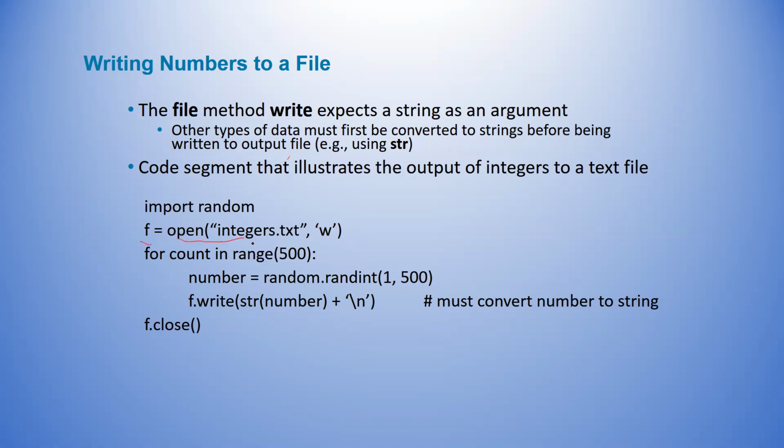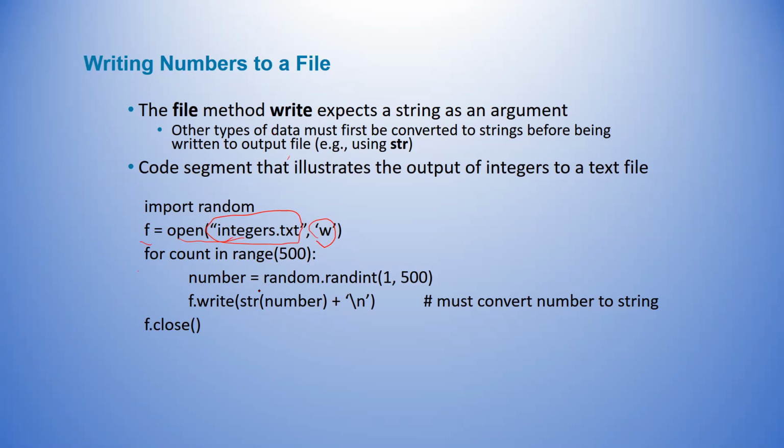Open, and you remember this, the 2 arguments, file name and access mode, both are strings. And using a for loop, we are doing from 0 to 499, that's 500 times.